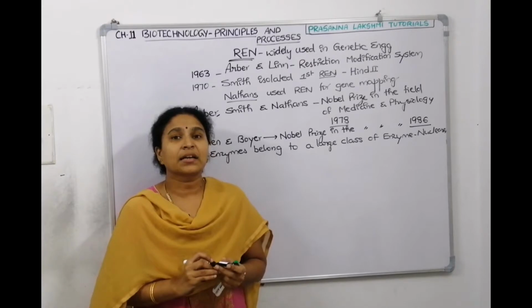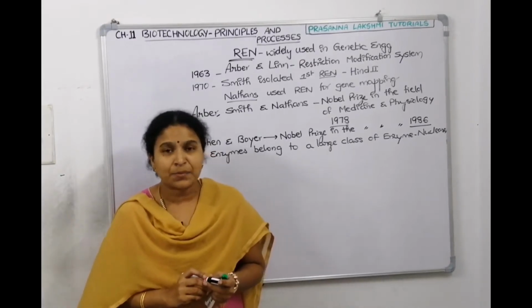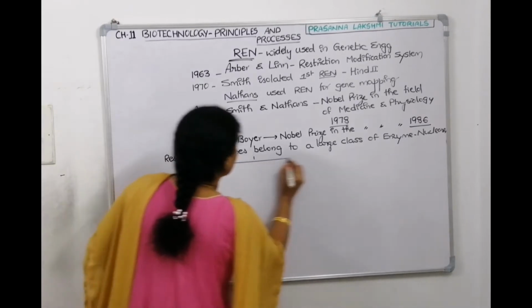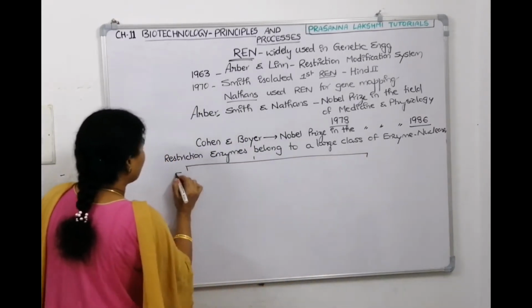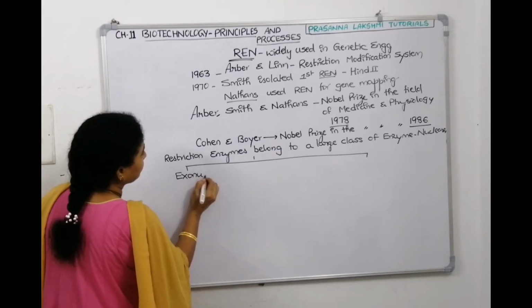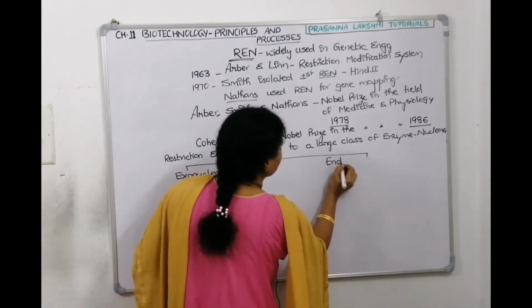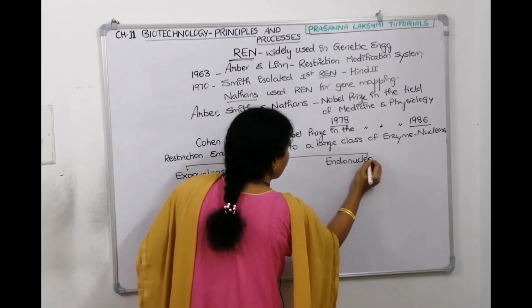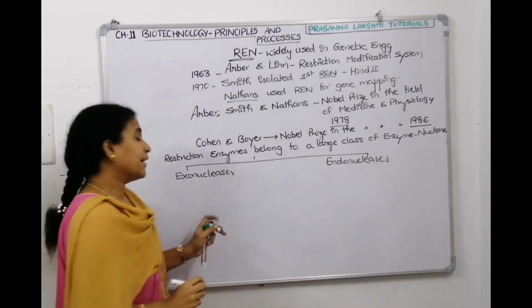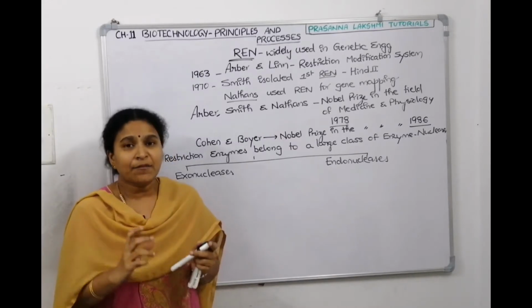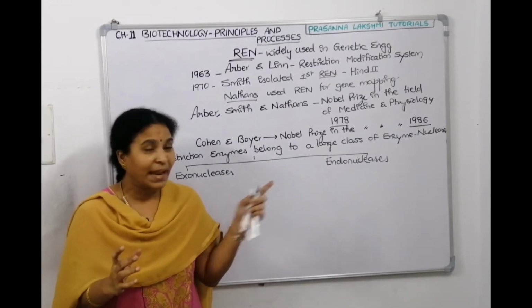Now we can categorize nucleases into two types depending upon how they make the cuts: exonucleases and endonucleases. Exonucleases cut the DNA from the ends.